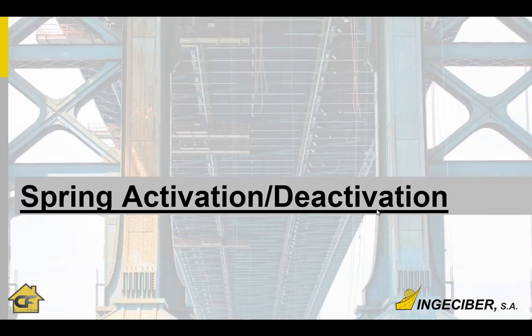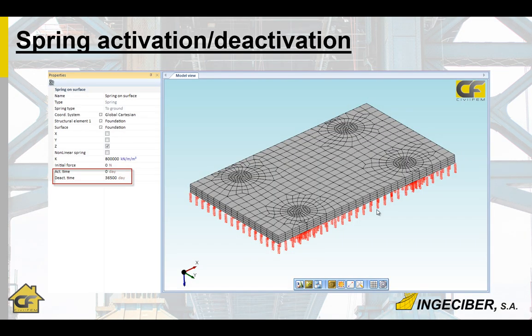What about spring activation and deactivation? Well, as with any other entities, for springs, any type of springs, node springs, surface springs, rotational, now they have a new option, which is the activation and deactivation type, very useful for construction processes.